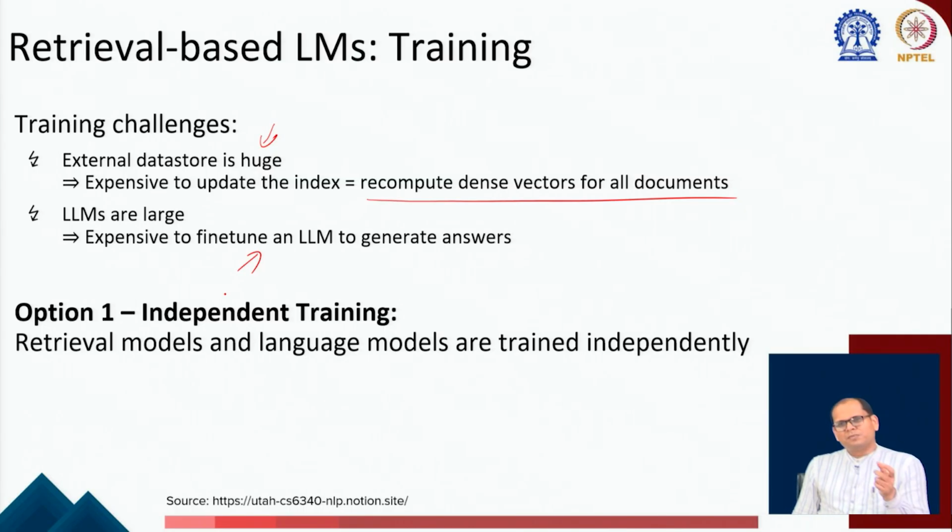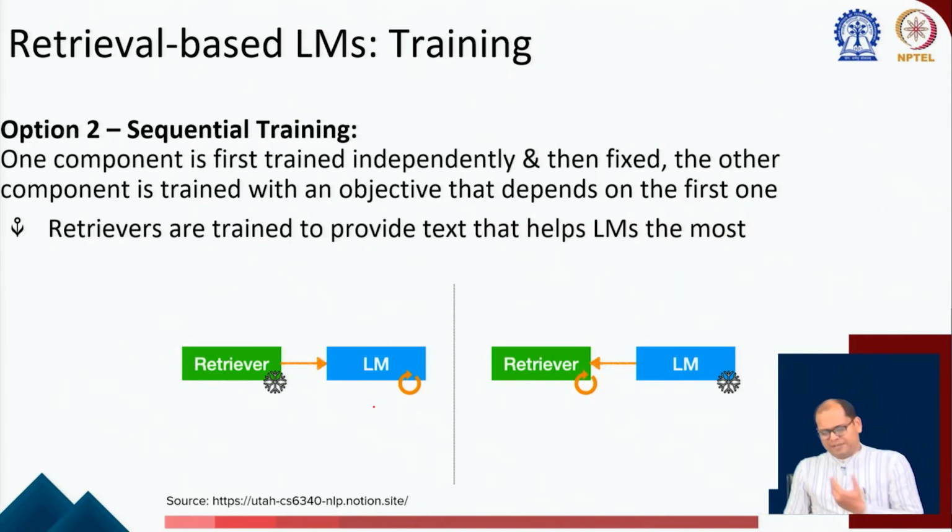But if you want to use some fine tuned models, there are options. You can do independent training. You train retrieval models separately, you train language models separately, and just put them together. That is one option. You can do sequential training. The idea will be that you first freeze your retrieval, just use the language model.